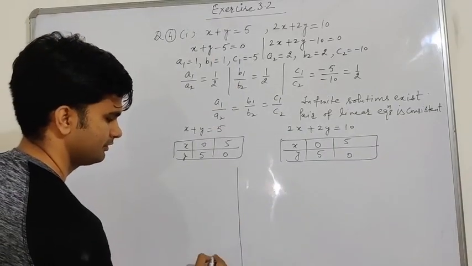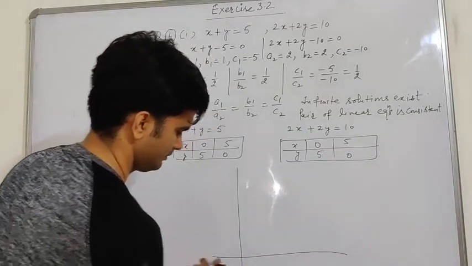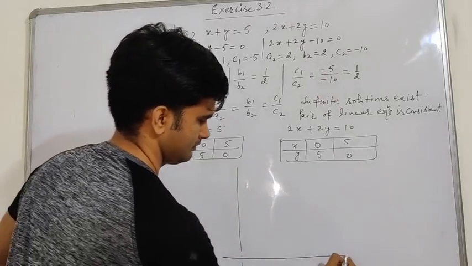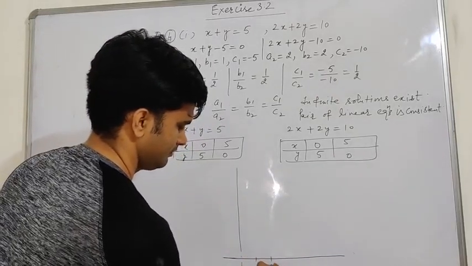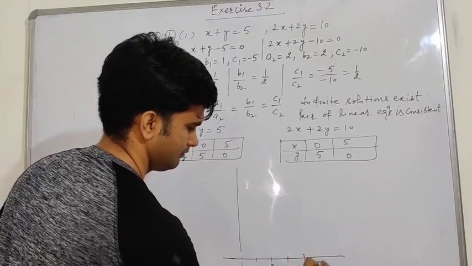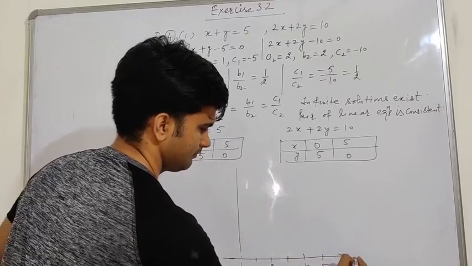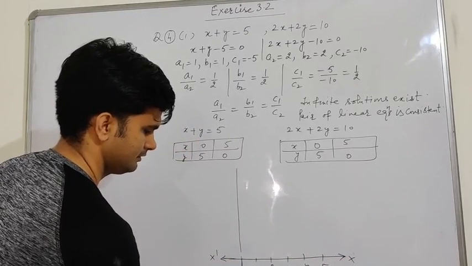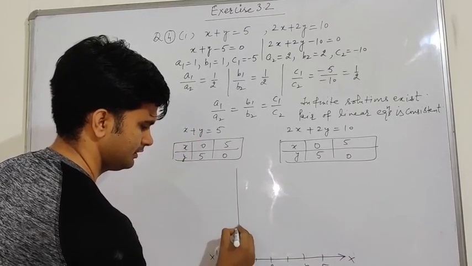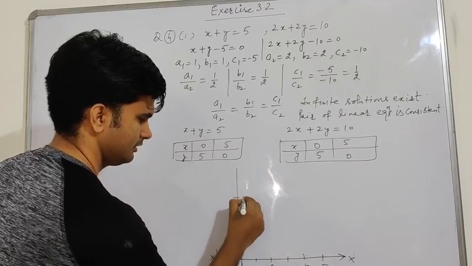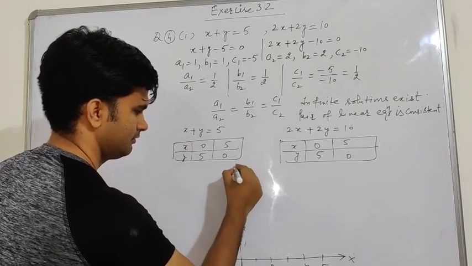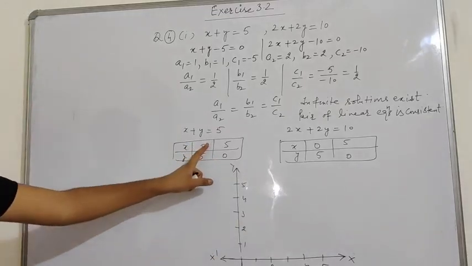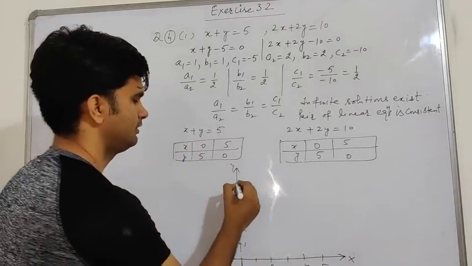So two, three, 4, 5, x dash, y dash, 1, 2, 3, 4, 5. Now see, first pair is x is 0 and y is 5.